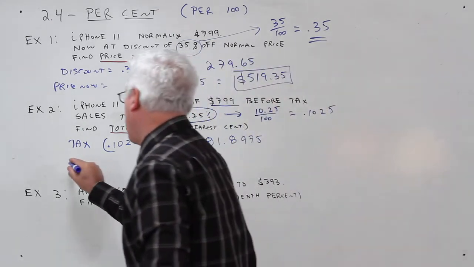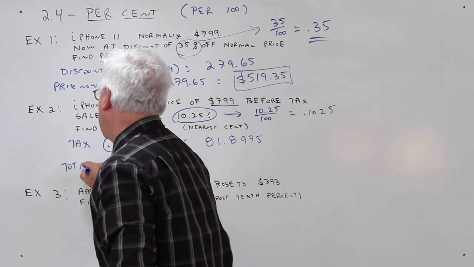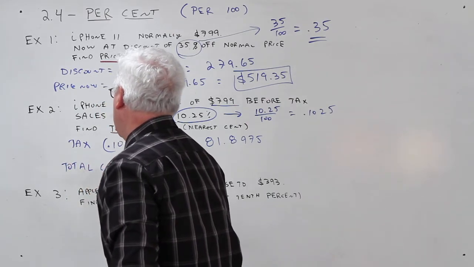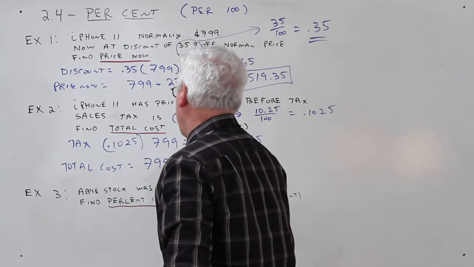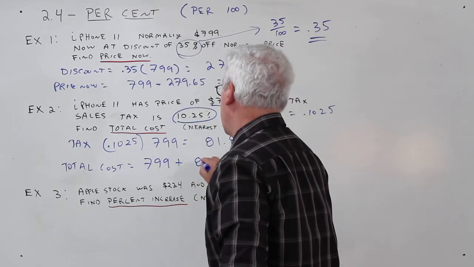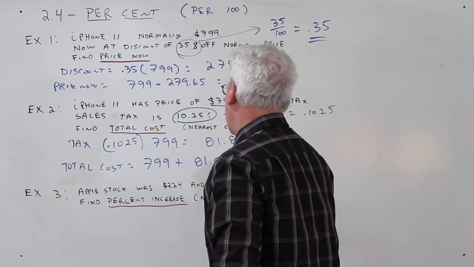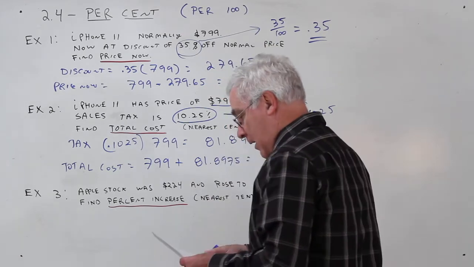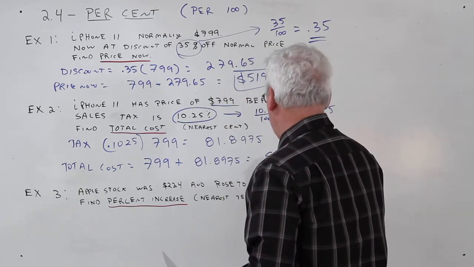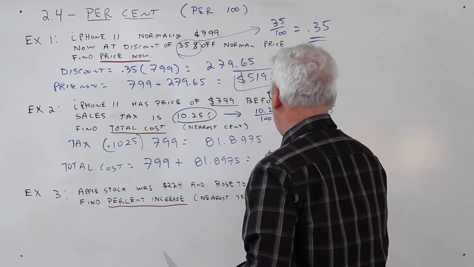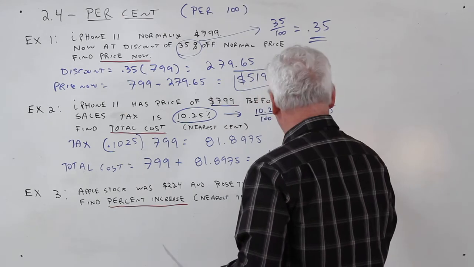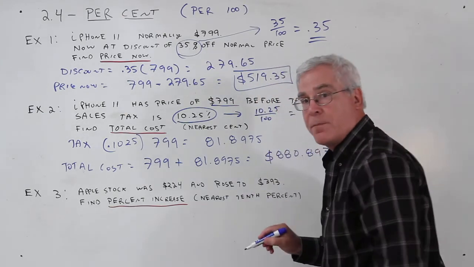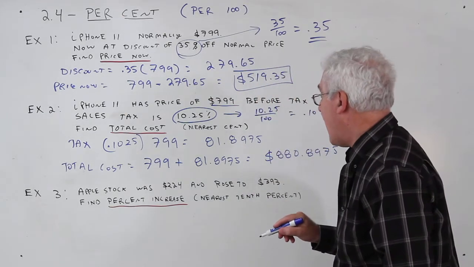Okay, so now the total cost is going to be that $799 plus the tax, 81.8975, and I got 880.8975.